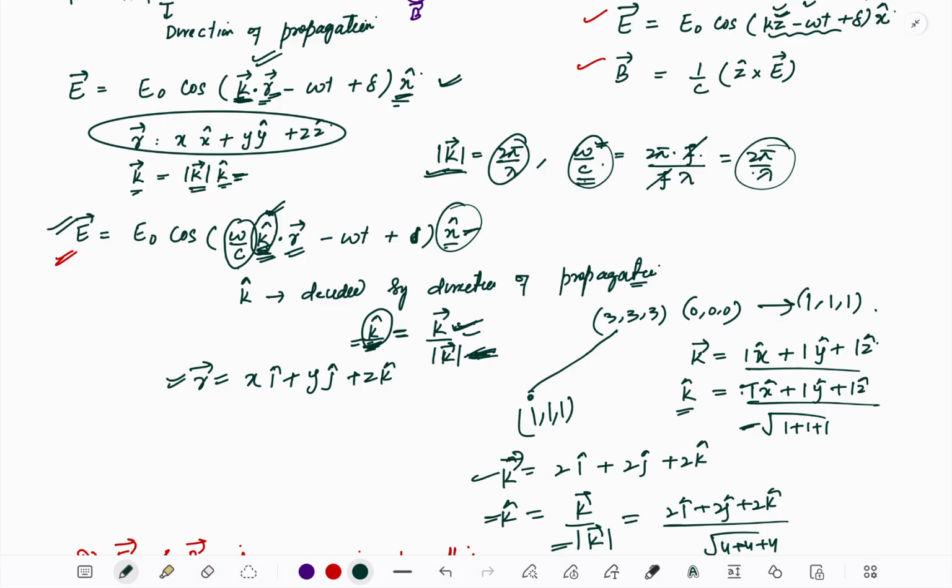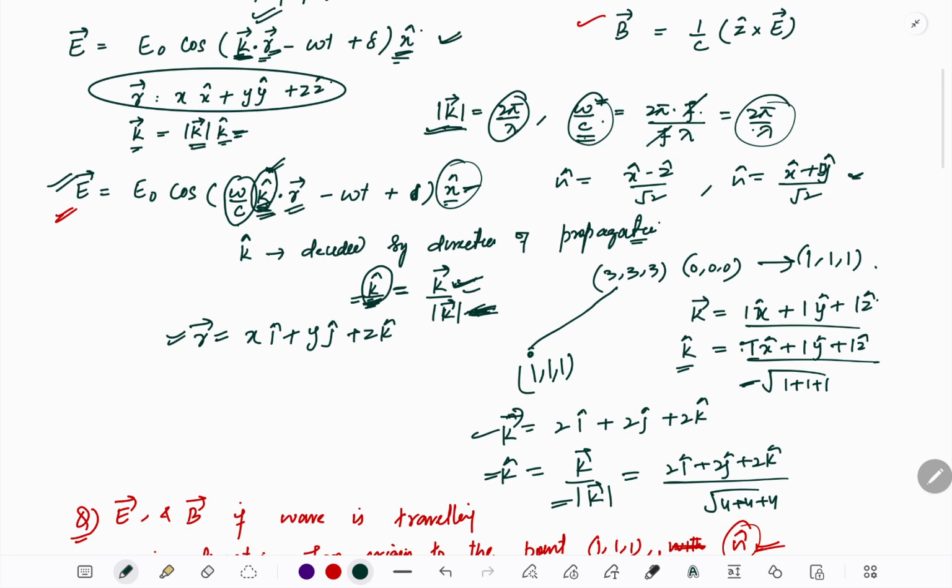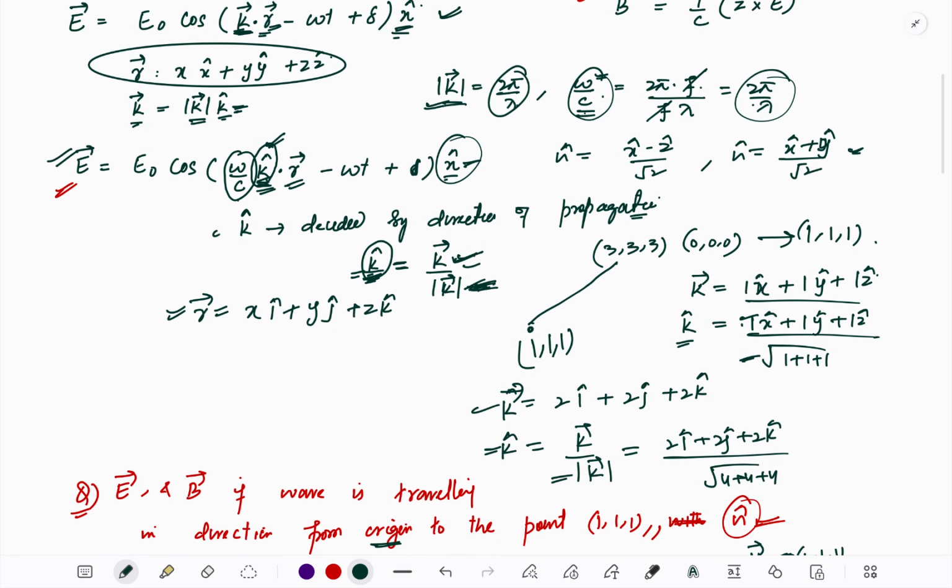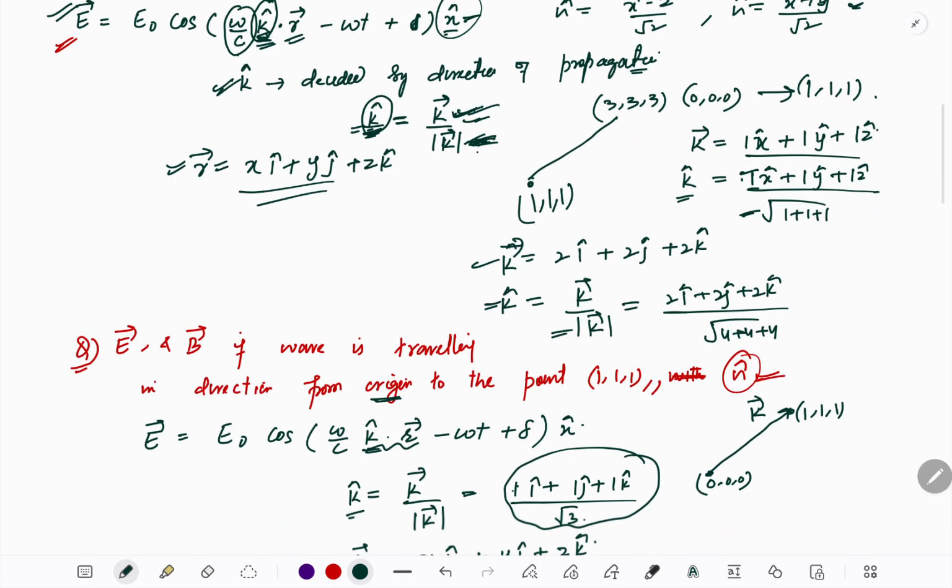Maybe they give you n cap as x cap minus z cap divided by root 2, or n cap as x cap plus y cap divided by root 2. They'll give the direction of the polarization, and this k cap you can easily find. Then we do the dot product of this k cap with the r vector. Then it's simple substitution.